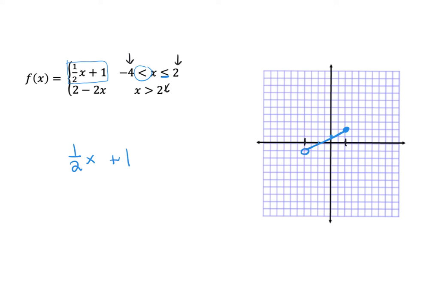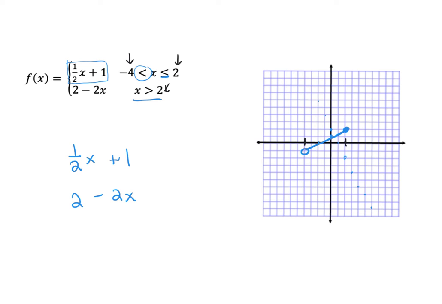Okay, so now let's graph the other one. There's 2 minus 2x. Same thing, I'm going to put dots on there, and then I'm going to end up erasing some of them. So I start at positive 2, and then my slope is down 2 over 1. But I only want x values greater than 2.